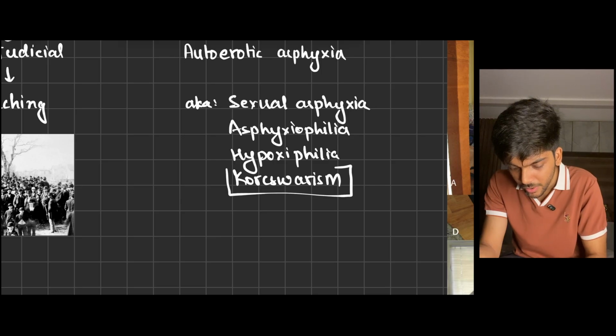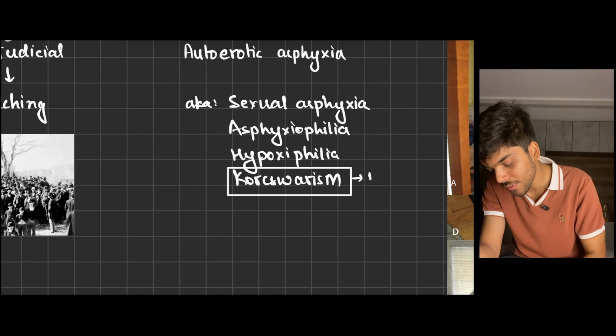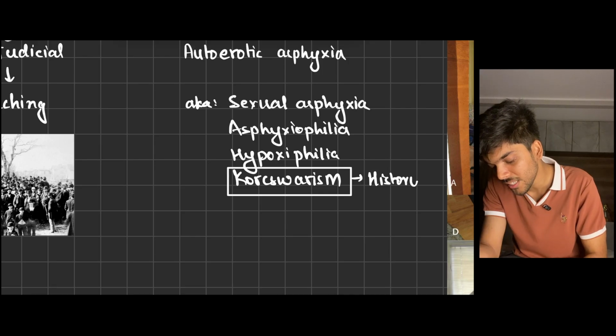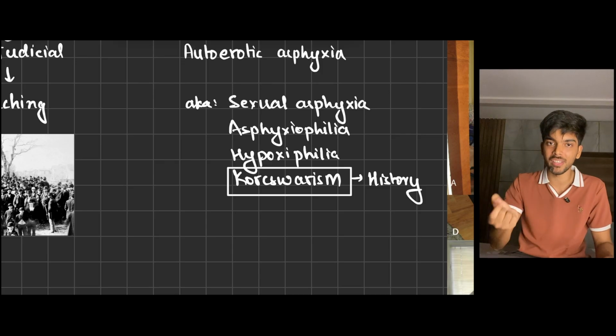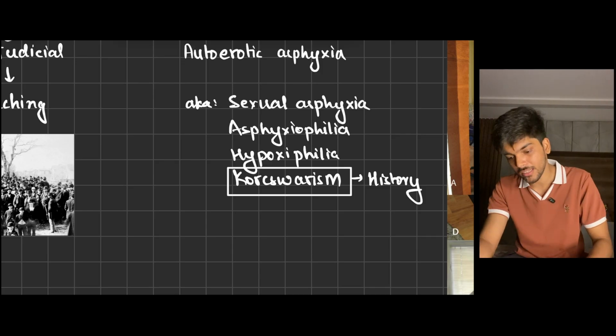Now this word has a history of its own. I want you to check it out. This gives you the history of the very first recorded event of autoerotic asphyxia. Pretty interesting story it has.